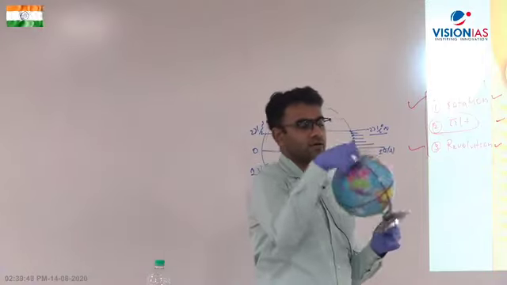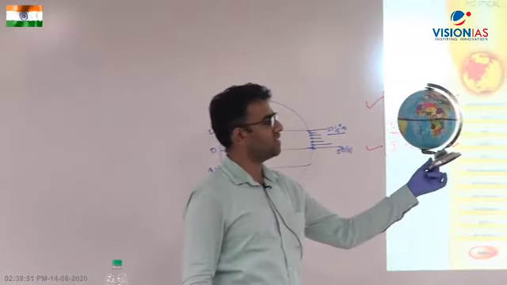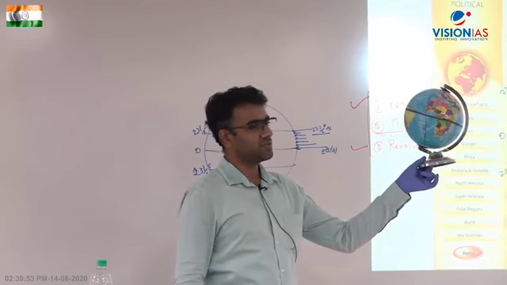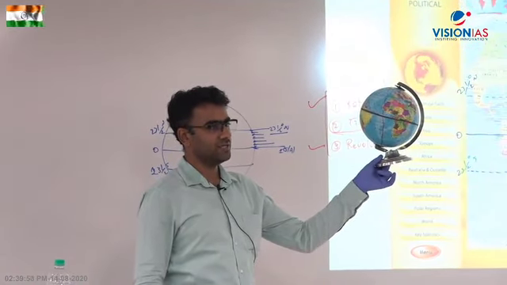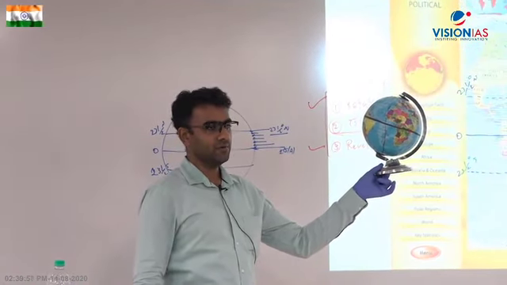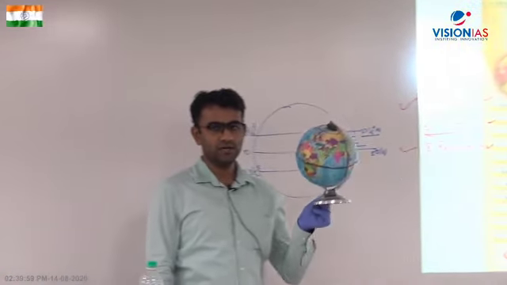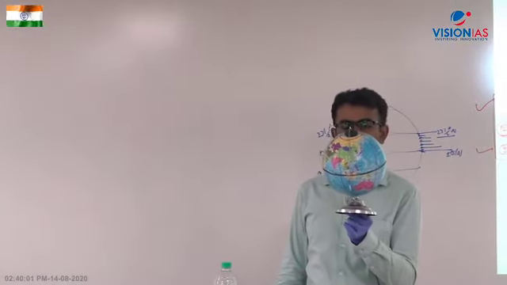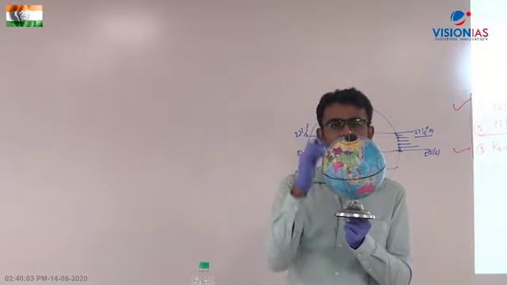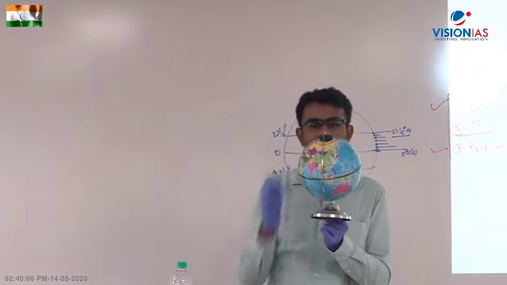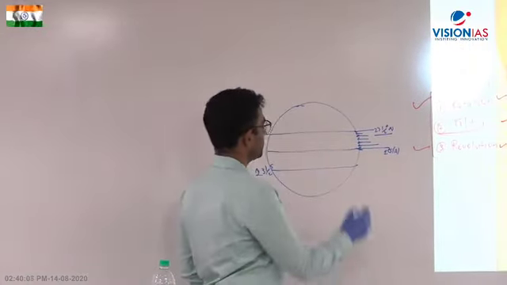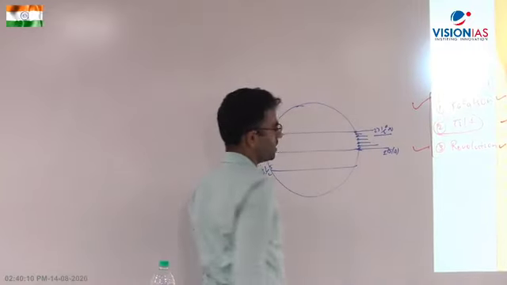Okay, so with respect to you, if you can see, it has tilted exactly towards you. So this is the maximum tilt. So with the maximum tilt, the sun's rays are reaching up to 23.5 degree north.